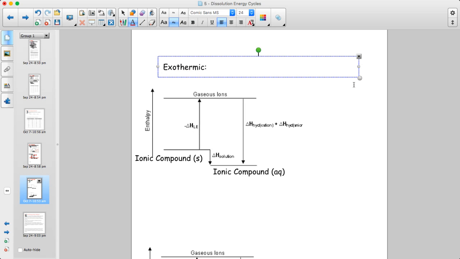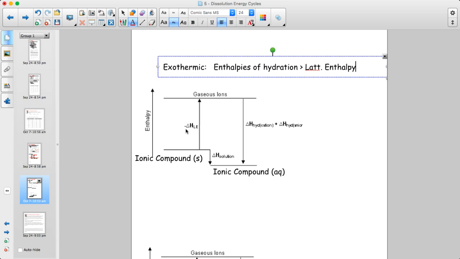So when it's exothermic, the enthalpies of hydration are larger in magnitude than the lattice enthalpy. It's all about magnitude, because the lattice enthalpy is going to be listed as a positive value. It's just how it's defined. Enthalpies of hydration are listed as negative values. So we care about the magnitude here.